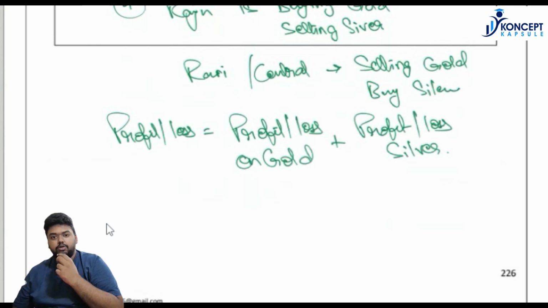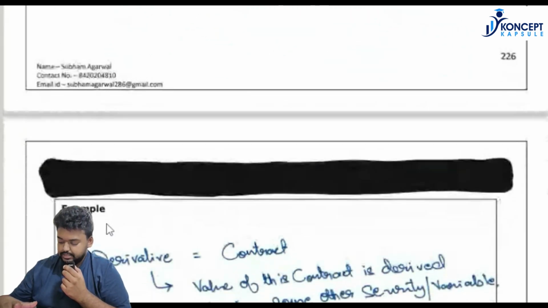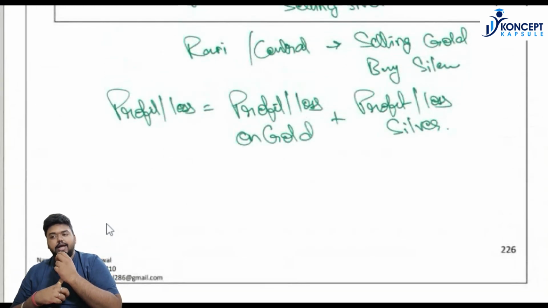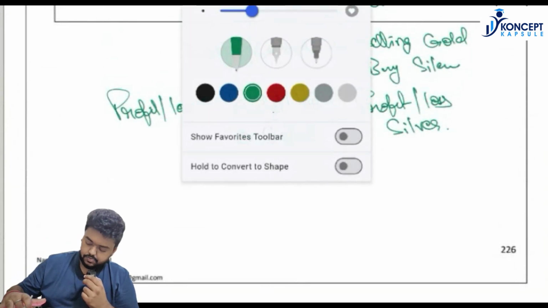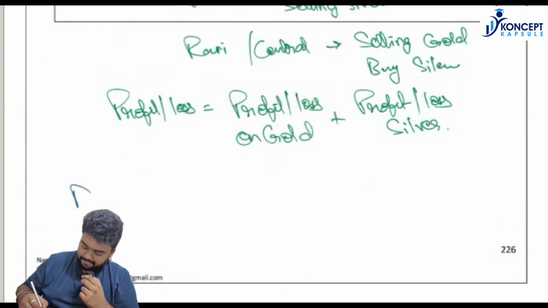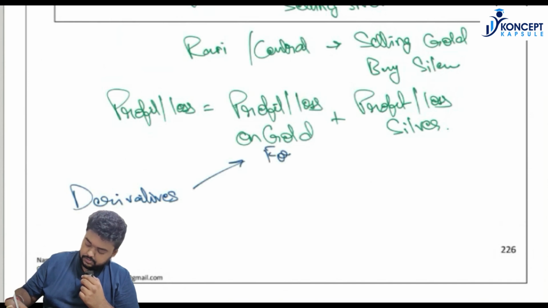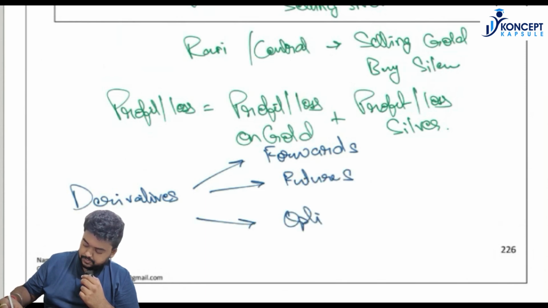So, depending upon the type of contract and the nuances in the contract, your type of derivative changes. Given this background, there are four types of derivatives: forwards, futures, options, and swaps.